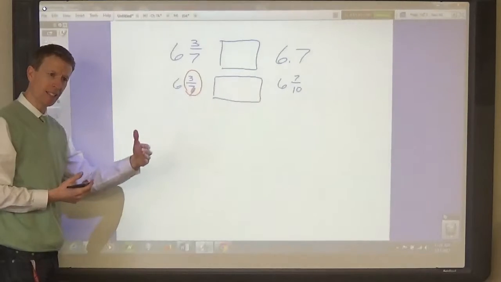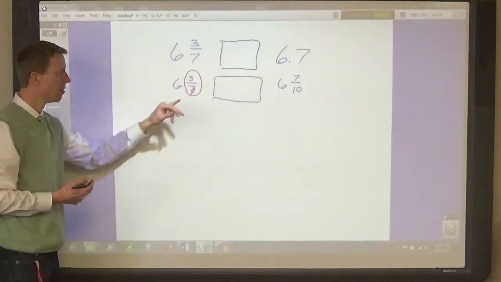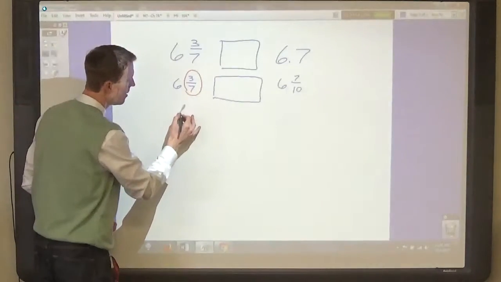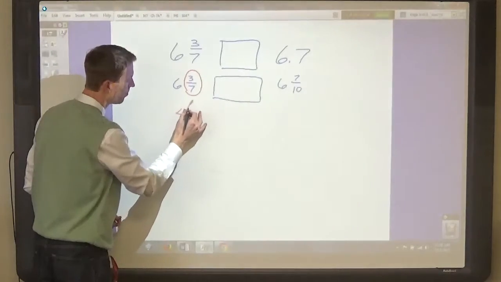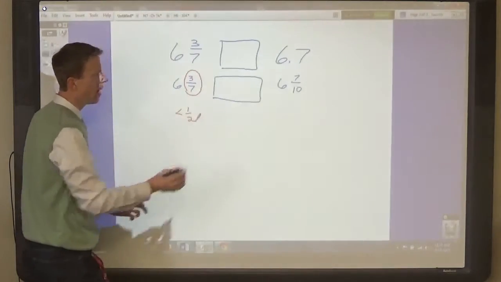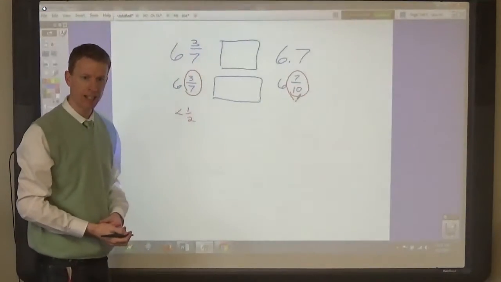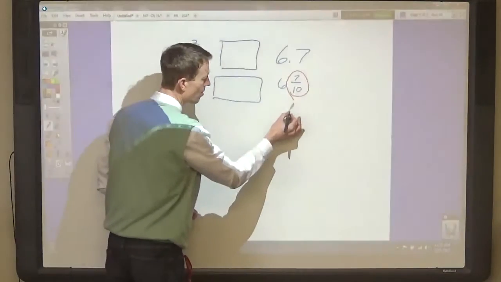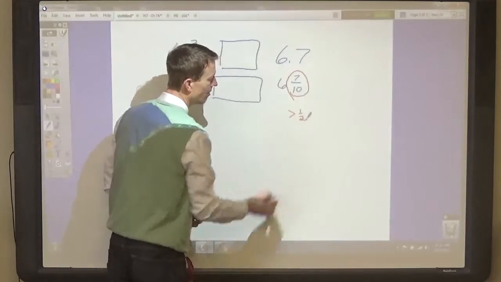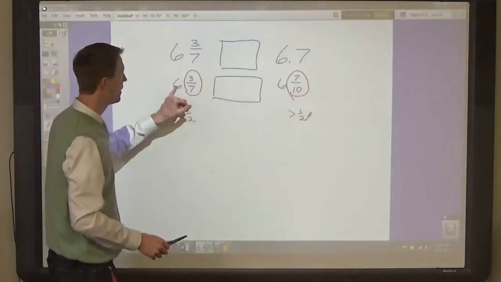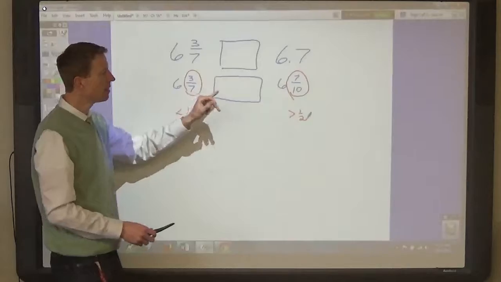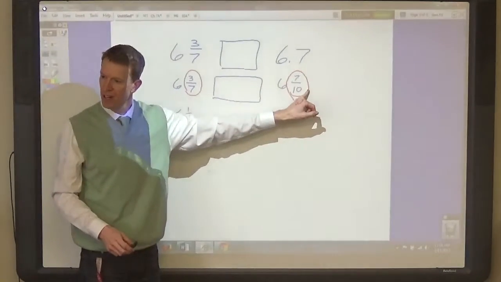It's a little bit less, isn't it? So, this is less than half. And how about 7 tenths? Is that more than half or less than half? More. This is greater than 1/2. So this is 6 and a little less than half. This is 6 and a little more than half.